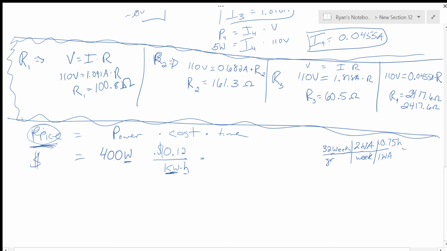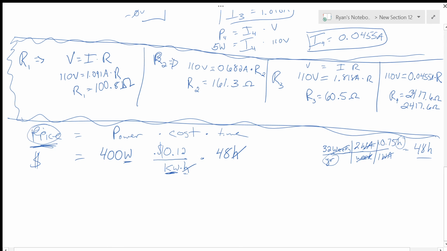So my units here, WebAssigns, weeks, I'm going to have hours per year, which is what I want. I wanted to get rid of hours and introduce years on the bottom. All right, so if you multiply that through, you should find out, at least what I found out, that you spend 48 total hours in a year working on WebAssign. So that's the time, 48 hours.